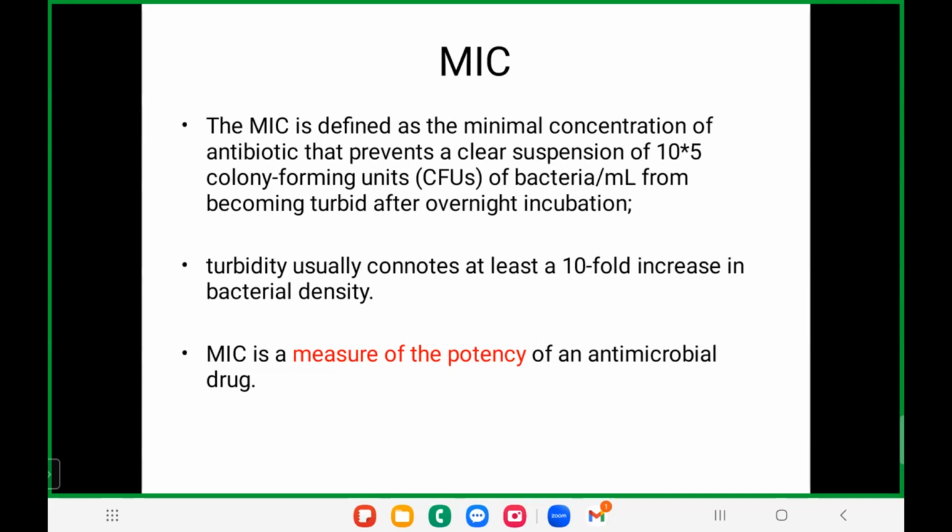Okay, how can you talk about it clinically? I don't want the microbiological definition of MIC.